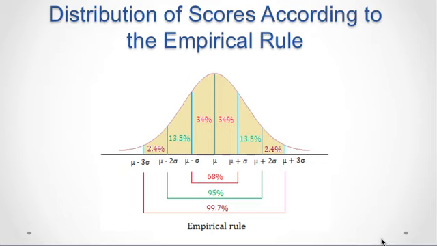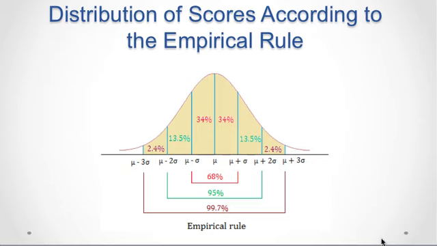Let me add that 50% of the data will fall below the mean and 50% will fall above the mean. This rule gives us a quick rough estimate of how spread out the data are for a normal distribution based on its mean and standard deviation.